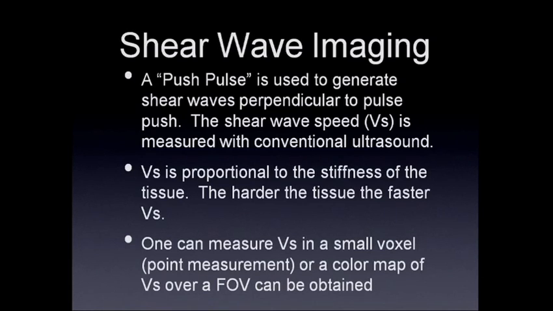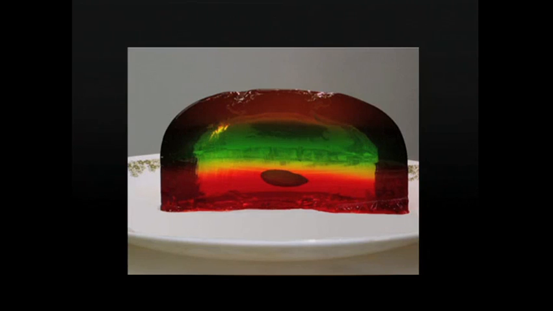In shear wave imaging, we can do measurements in one small voxel, doing a point measurement, or we can use a color map over a region of interest to get an overview of the shear wave speed over a region of the breast. Again, we're going to use our Jello phantom with the almond to show you our physics.